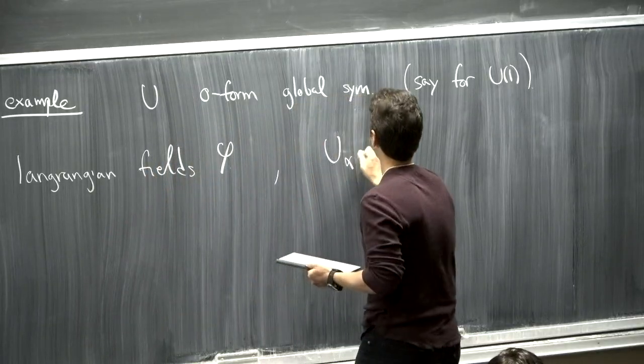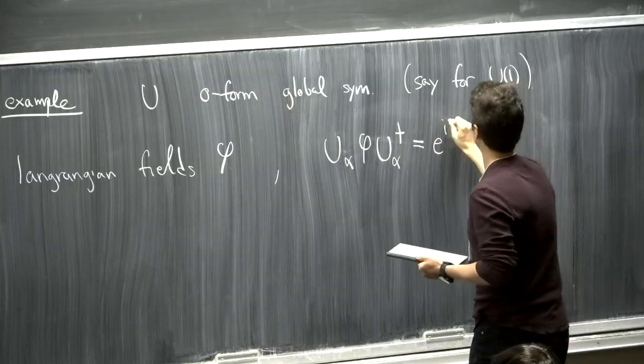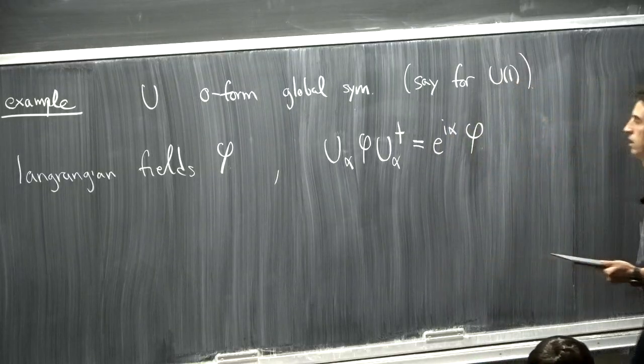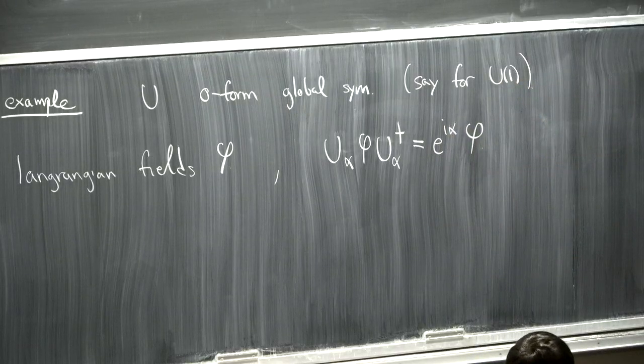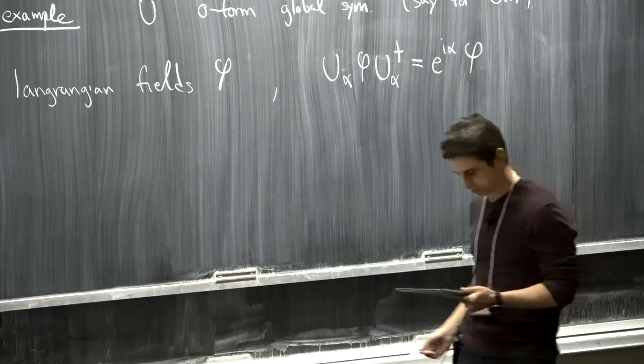And if I conjugate phi, I get a phase. So I have some fields transforming in representations of the symmetry.